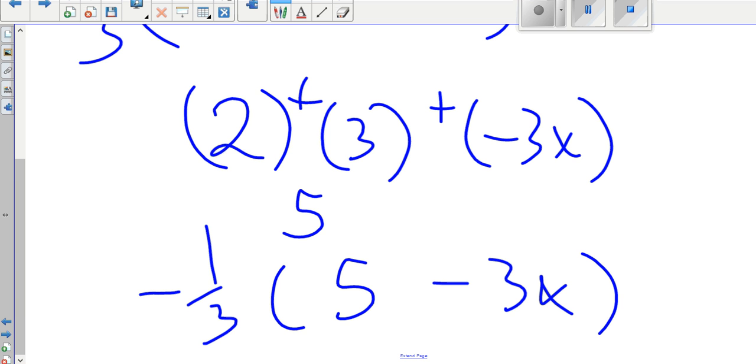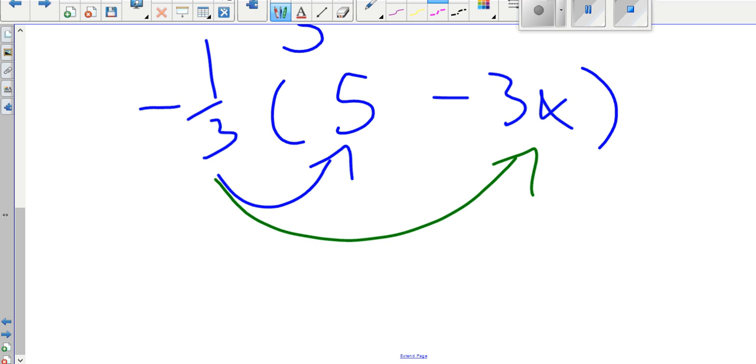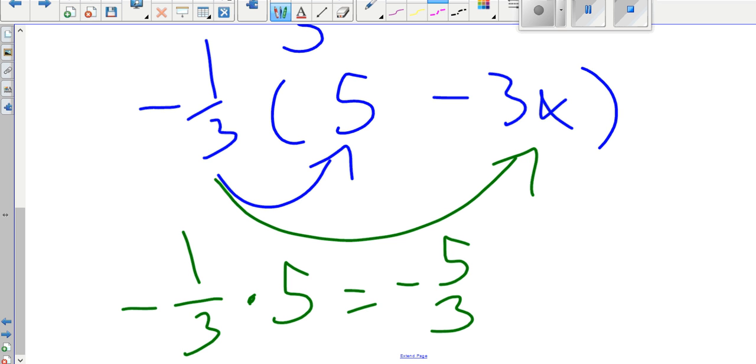And now we're going to distribute and multiply. So 1/3 times 5, right? We're going to take this times this. And then, of course, we're going to take this times this, right? So our first expression is negative 1/3 times 5, which gives us negative 5/3.